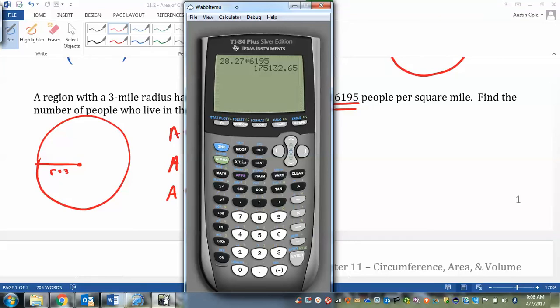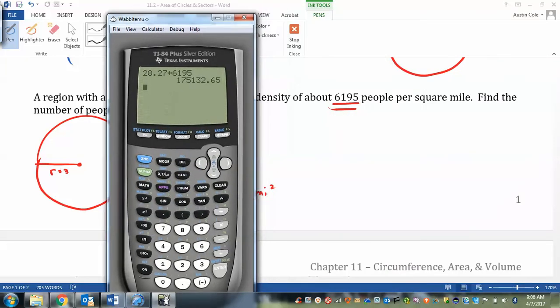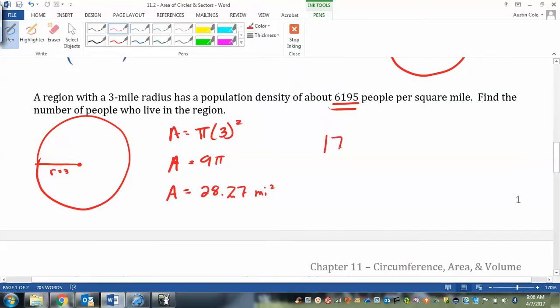Did I round that correctly? 28.27? Yep. And what's the answer you guys got? When you get exact, it's 175,159.49. Okay, if it's people, I'm just going to round to the nearest person, so I'll keep it at that.